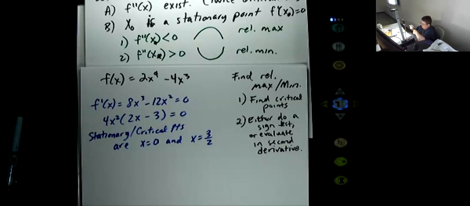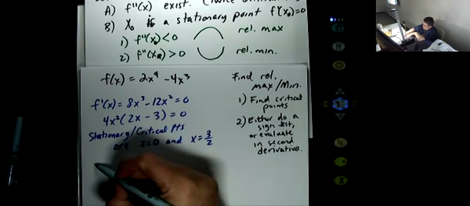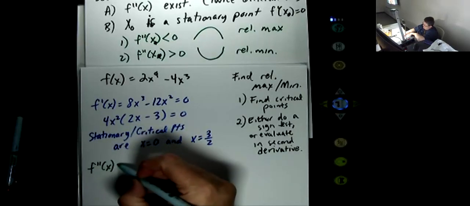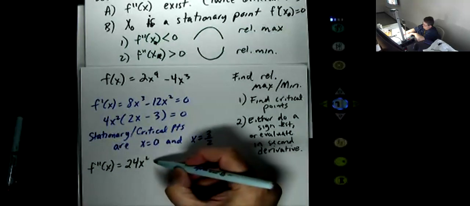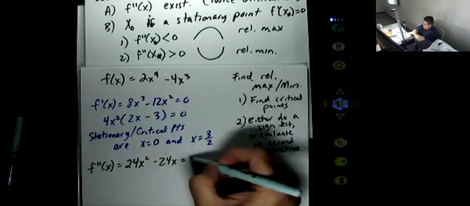All right, what's the second derivative look like? This is 24x squared minus 24x.